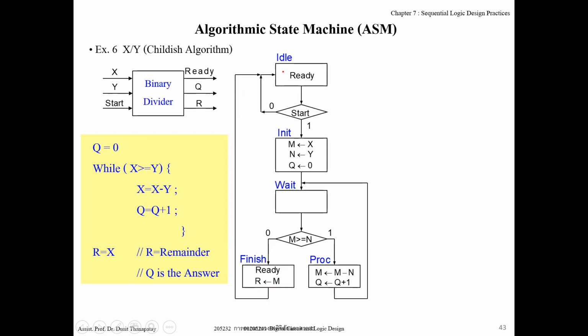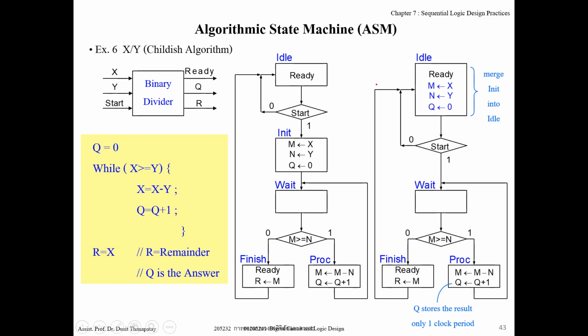From this, how many states are there? 1, 2, 3, 4, 5. 5 states. That means you need at least 3 bits to represent these 5 states. Anyway, if you can reduce states, that means you can reduce the number of flip-flops, right? So for example, you can merge the action in state initial, assigning the initial values to the registers, into the idle state.